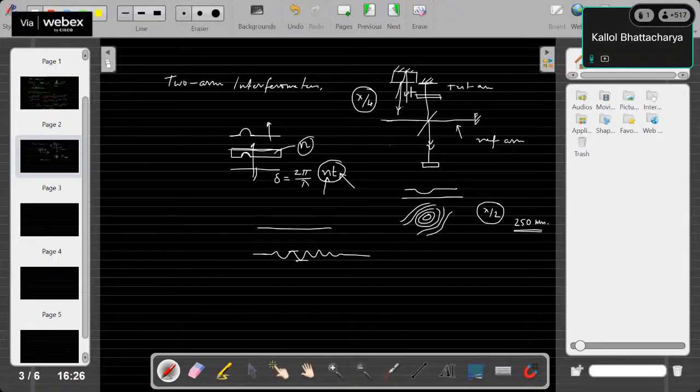We do not want that. We want a single reflection, from the front surface only. That's number one. Number two, the surface should be perfectly flat. If the surface is not flat, then the reflected beam also assumes this kind of curvature.